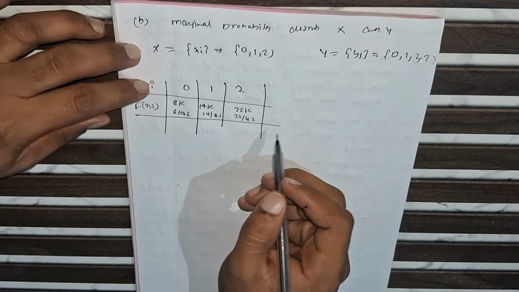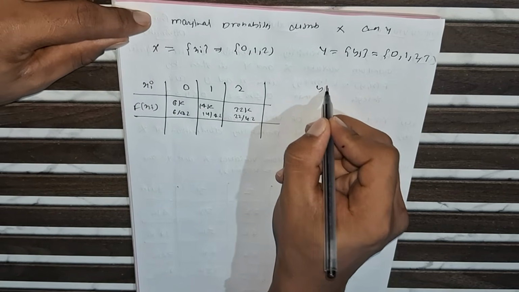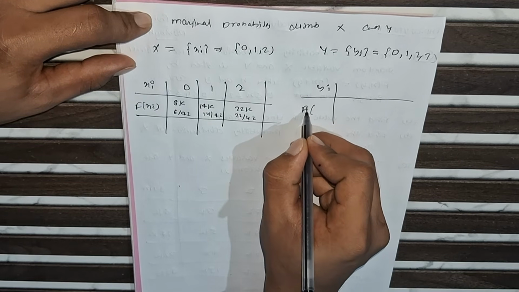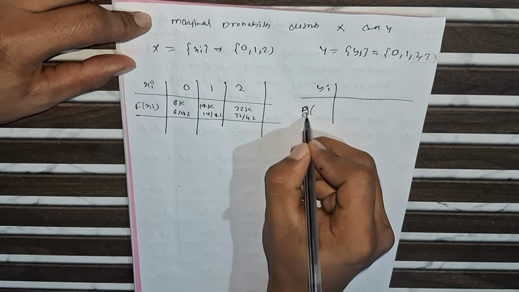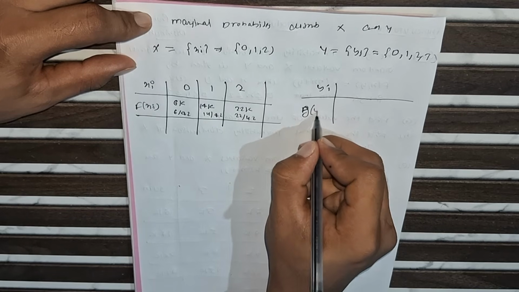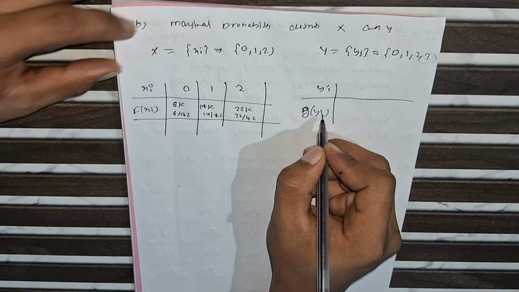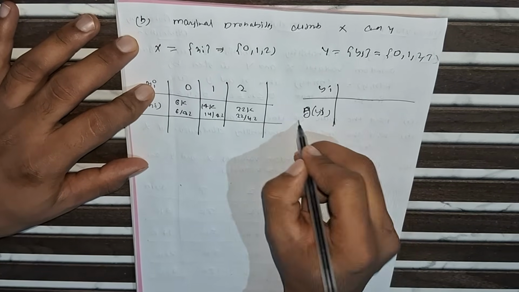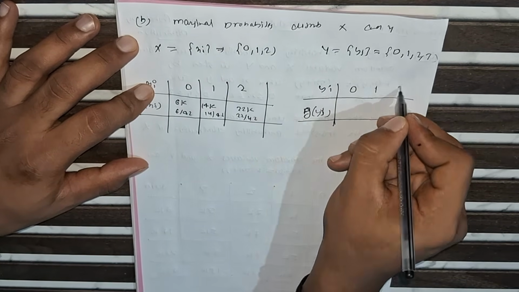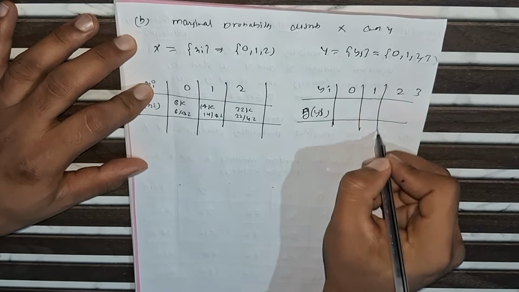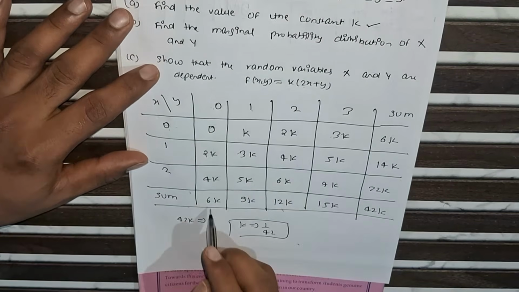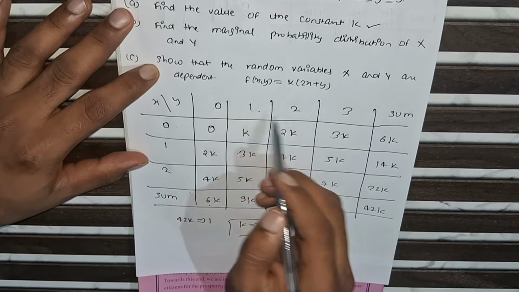Now go for y, same like that. We can say that this is a different function, this is g of y_j, which is 0, 1, 2, 3.